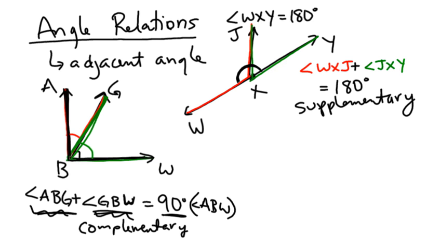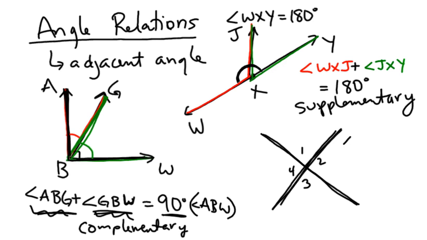And the last little bit we talked about last lesson was the idea that anytime you have two intersecting straight lines, we create four angles. As soon as you have two straight lines that intersect, opposite angles are the same.